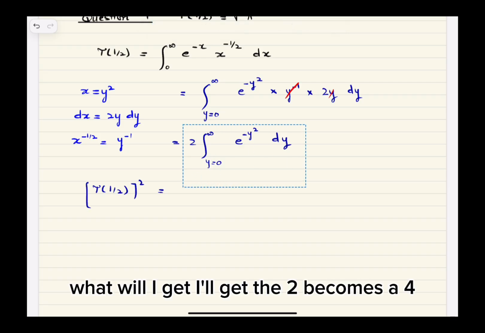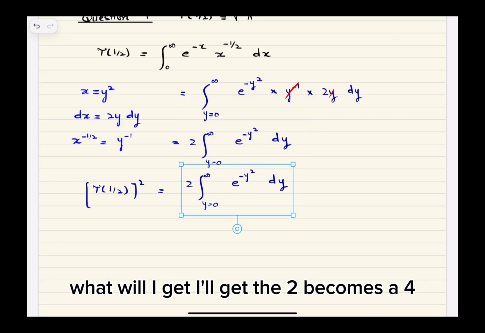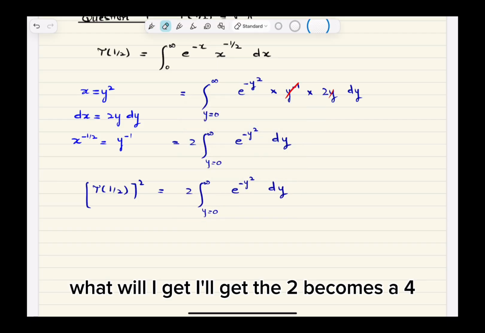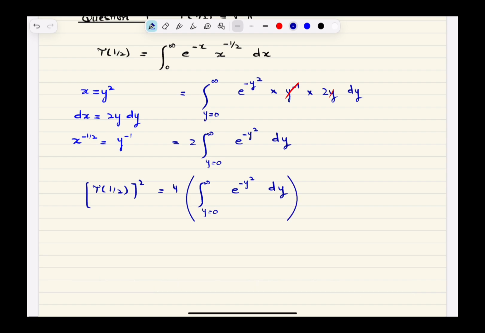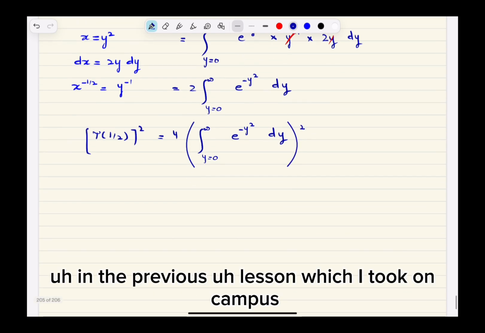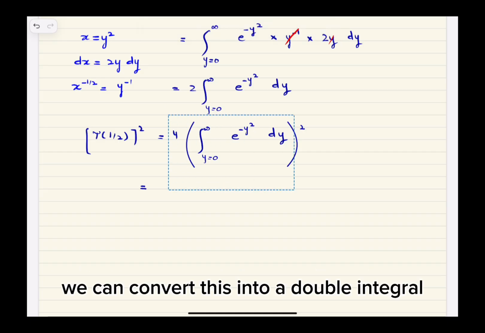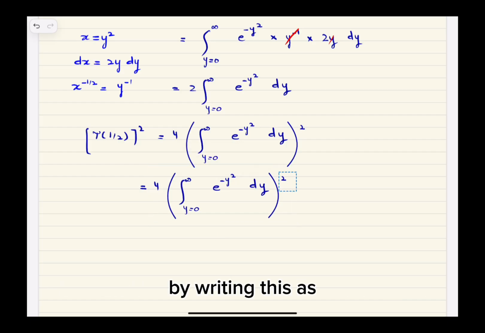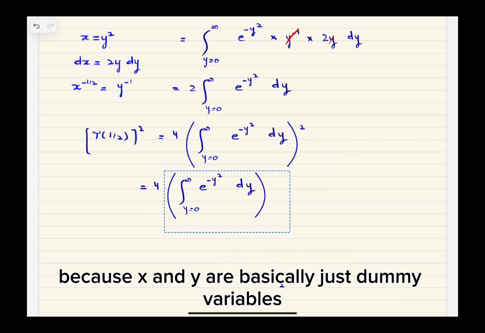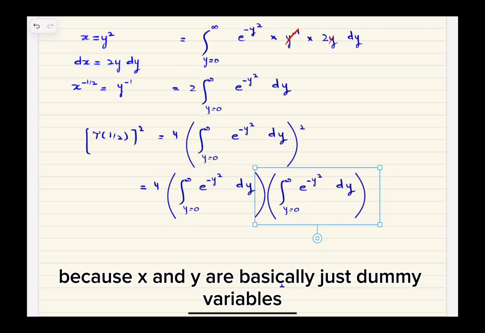Okay, if I take the square of both sides, what will I get? The 2 becomes a 4, and we have this whole thing squared. Remember in the previous lesson, which I took on campus, we can convert this into a double integral, because x and y are basically just dummy variables.